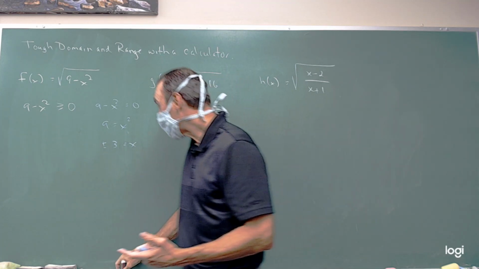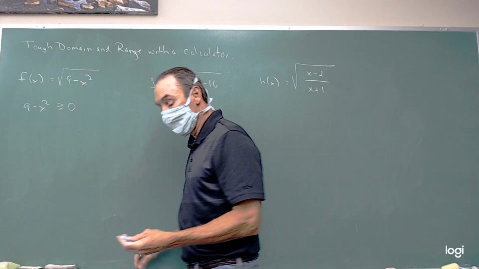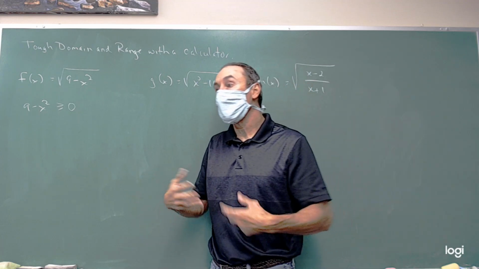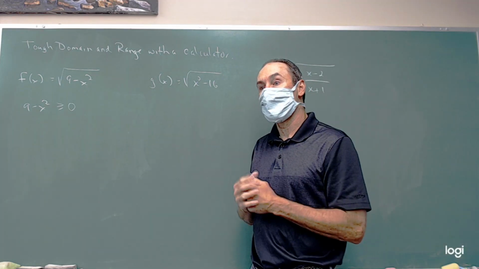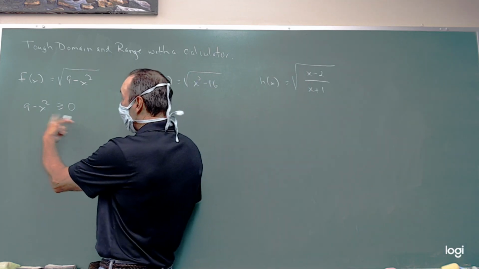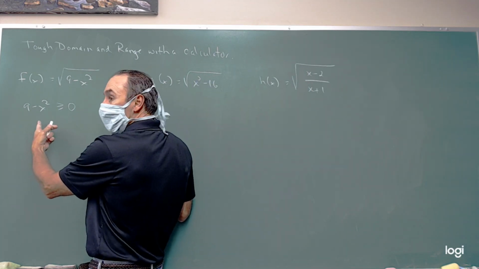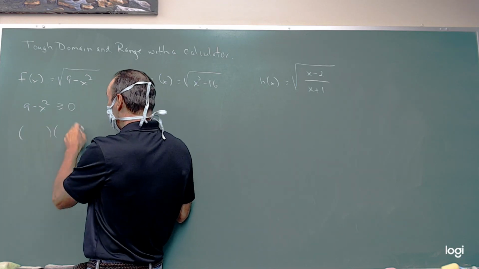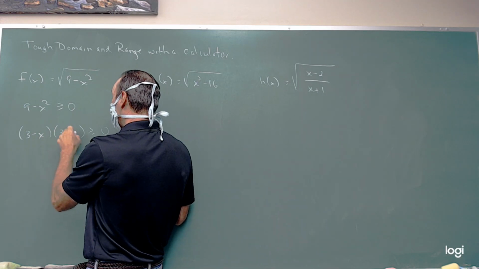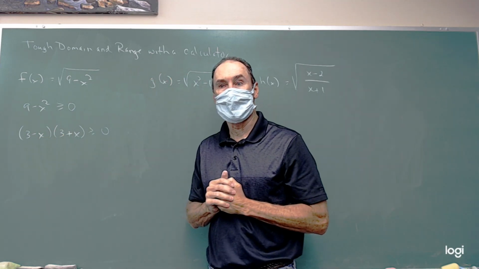Okay? So instead, we have to do this skill that becomes really important for us next year down the road. We'll employ this technique, analyzing the sign, a lot. So instead, we're going to factor this. You have two ways you can do that. If you do it at face value, you can call it the difference of two squares and write 3 minus x, 3 plus x.